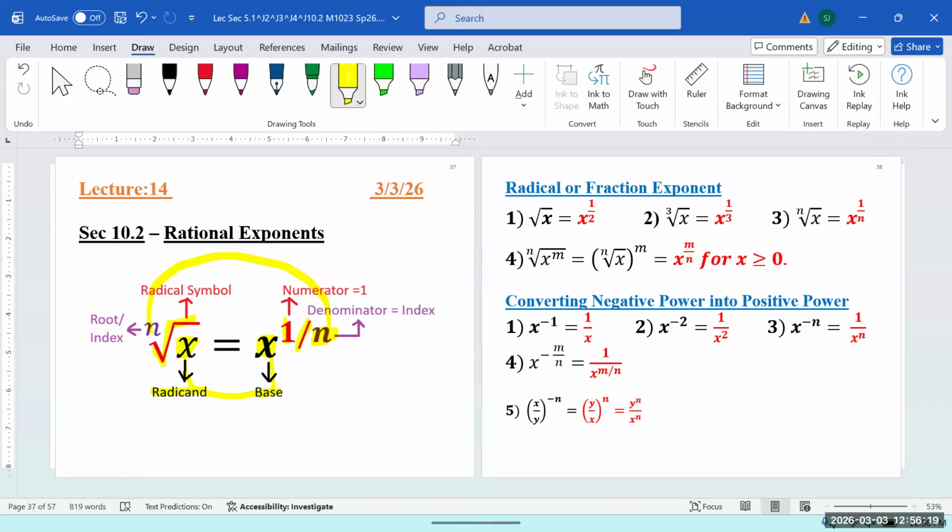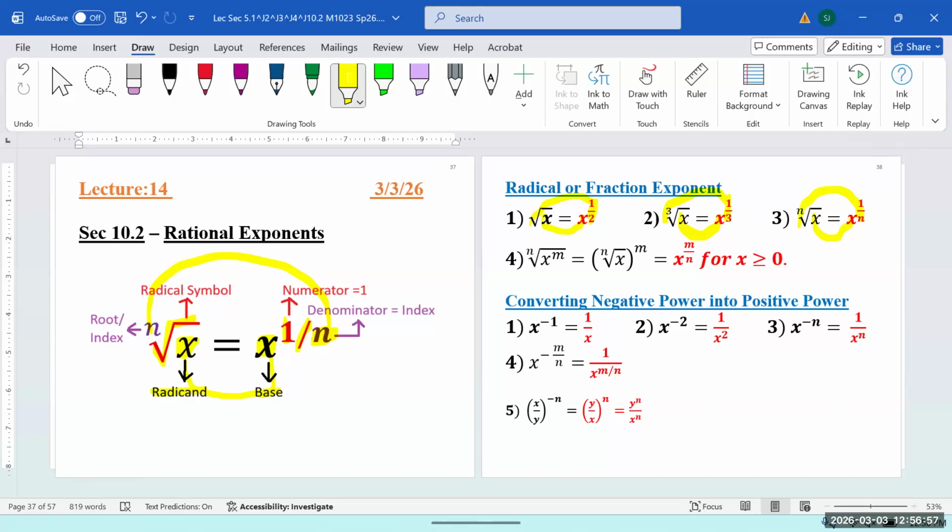Radicand becomes base, the radical symbol becomes 1 over, and the nth root or nth index turns into the denominator n. Now, based on that, if you have square root of x, it turns into x to the power 1/2. If you have cube root of x, this x becomes the base, and the cube root turns into 1/3. So nth root of x means x to the 1 over nth power.